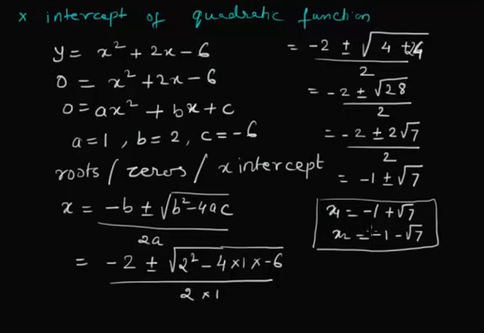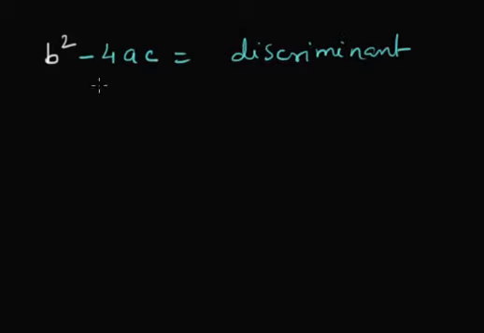There are some more important things about the x-intercept of the quadratic function. For example, the value inside the root, b squared minus 4ac, we call this value the discriminant.